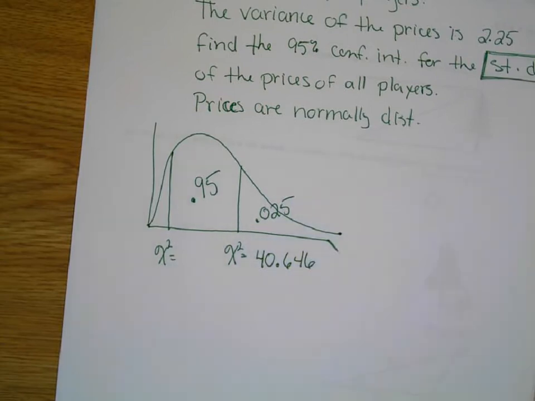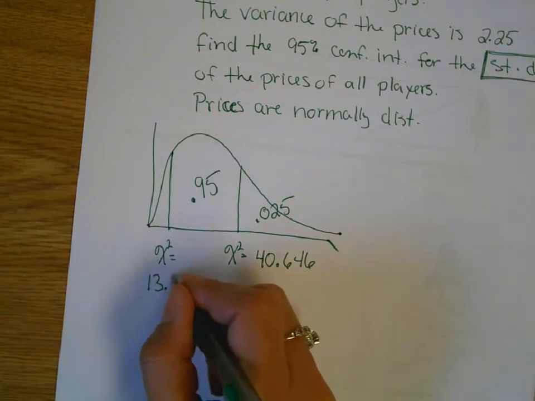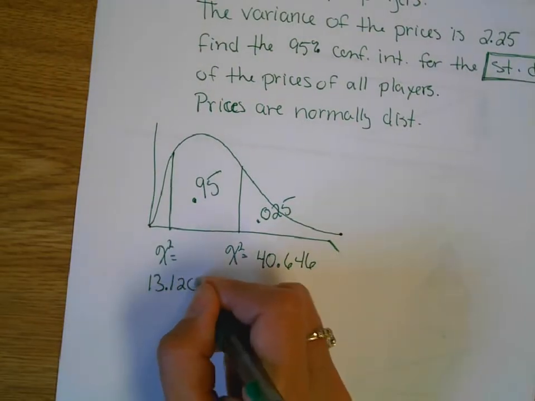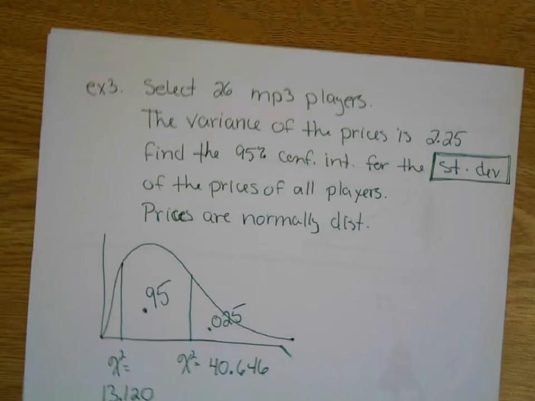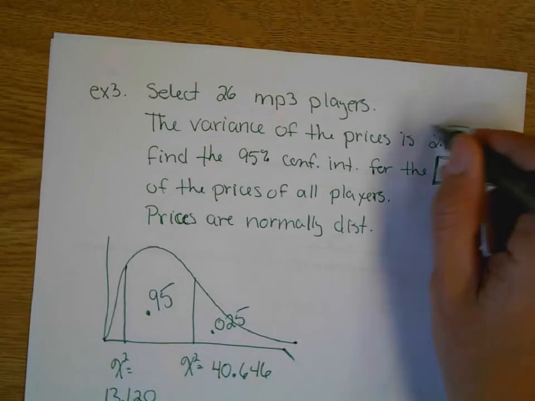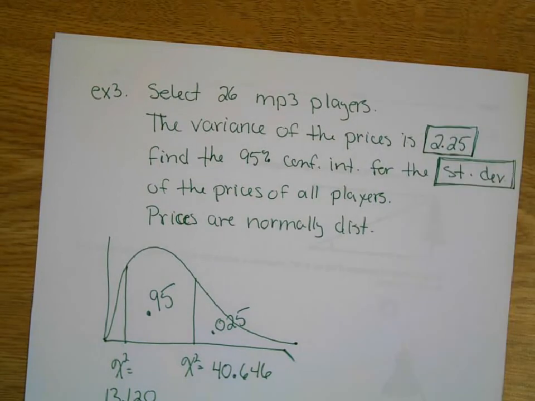Okay. And then the small one? Now, be careful. Here's the catch. What is this 2.25 that I gave you? It's the variance.